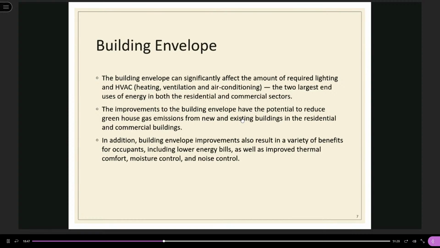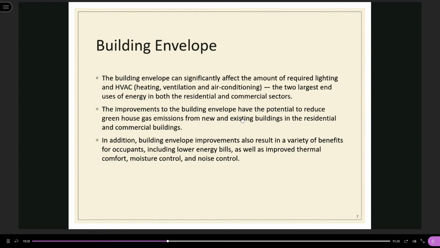So in Hong Kong, especially the HVAC system, or mostly the air conditioning system, the cooling system, usually constitutes maybe around 20% of the energy consumption. So if your building envelope is designed such that you can reduce the heat transfer to the interior, then maybe you can minimize the air conditioning from 20 to 15%.